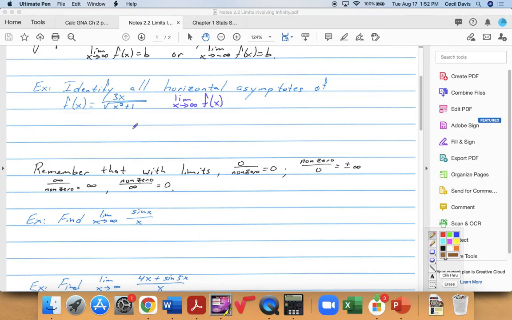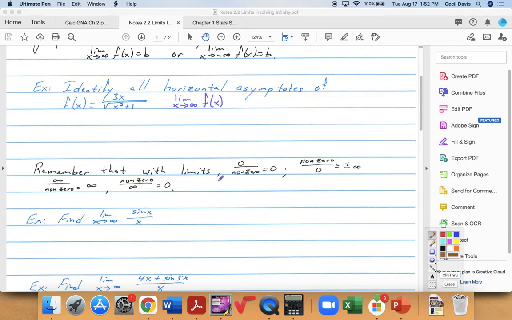The plus 1 doesn't add much, right? It adds a 1. So there's not much effect there. Remember when you did rational functions, didn't you frequently look at just the highest power of the numerator and the highest power of the denominator because the other ones didn't matter much as x got large without bound?